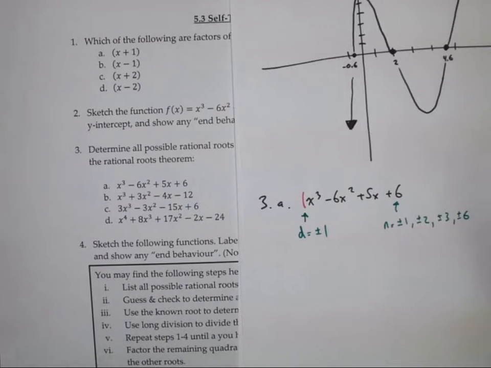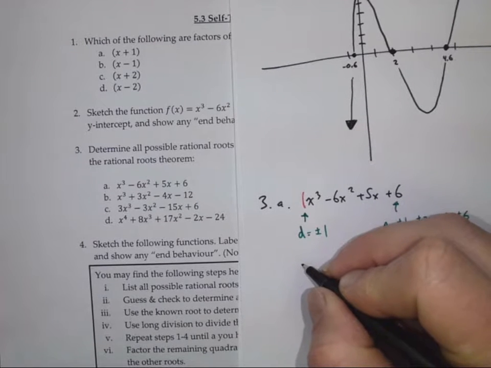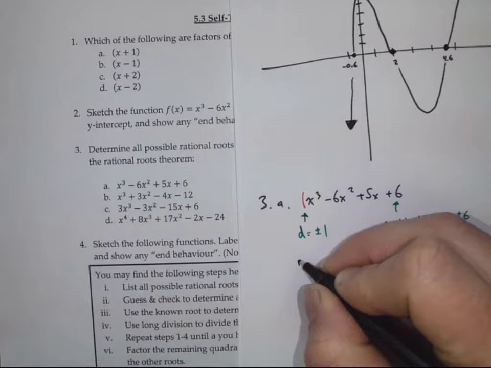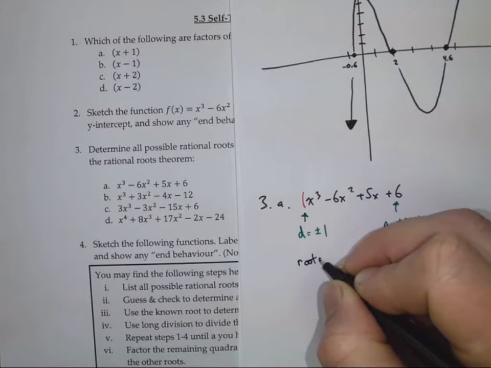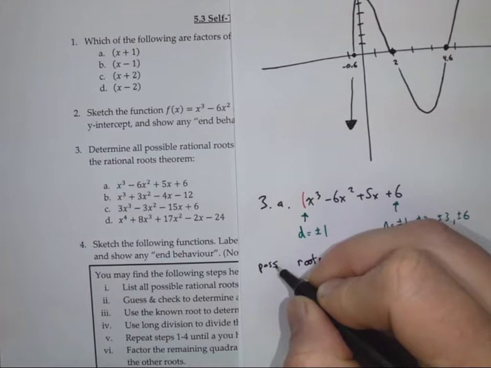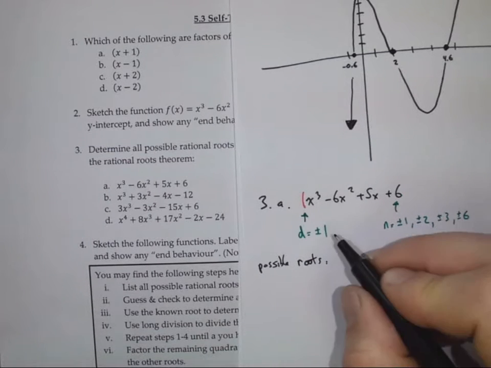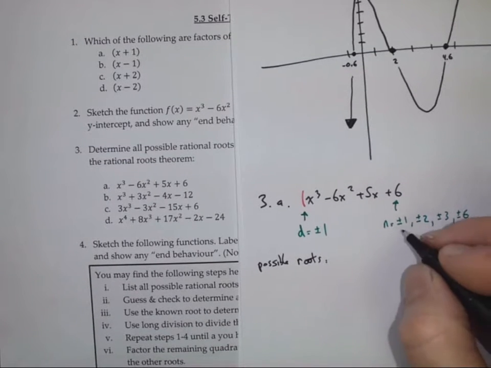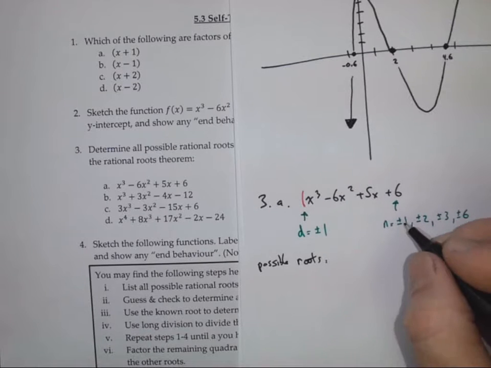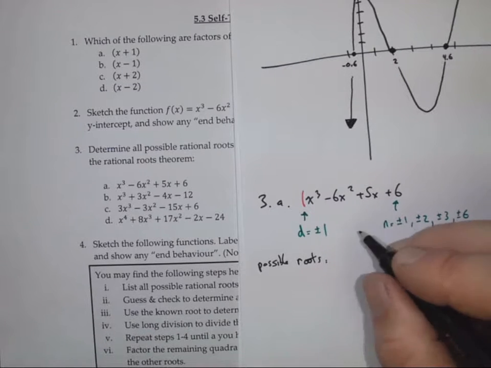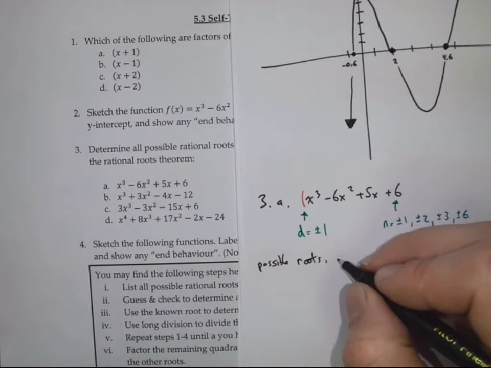And so the potential roots are, so the possible roots are any of these numbers divided by either of these numbers. So in this case you have 1 over 1, or negative 1 over 1, or 1 over negative 1, or negative 1 over negative 1.